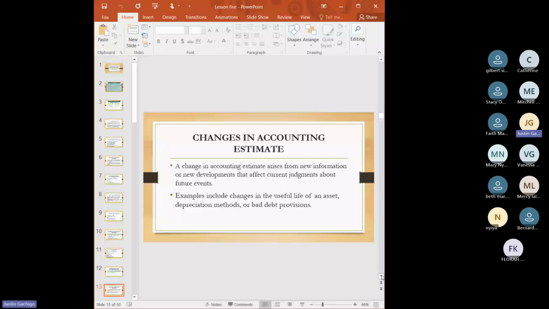So this is to say, for example, an asset, let's say a motor vehicle. A motor vehicle, as a rule of thumb, is known to have a depreciation of 5 years. So within 5 years, that asset is fully depreciated and its net book value is zero.